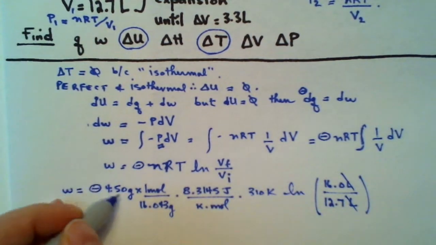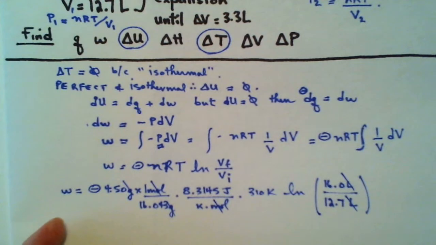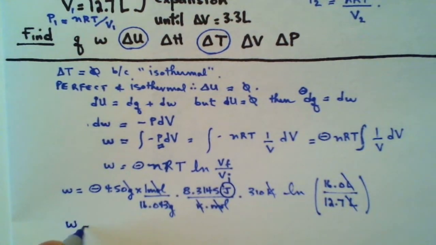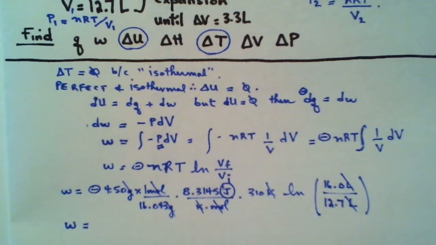So grams cancel, as do the number of moles. That's unitless. Kelvin units cancel, and I'm left with the number of joules. It's very good to show that cancellation. You might want to do it with a pencil, so it doesn't get all cluttered up, and it's easy to check and identify that the unit remaining is indeed the one that you desire.